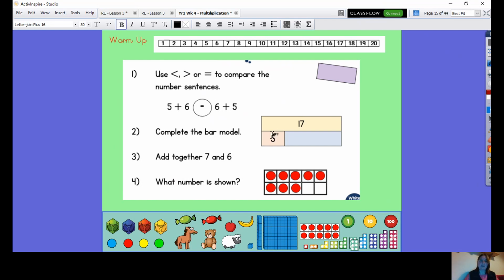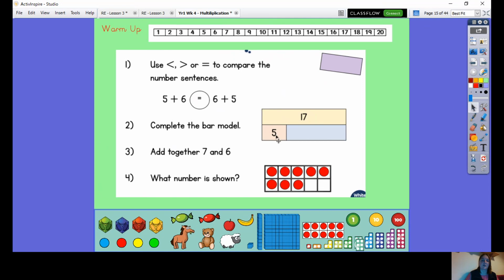That side is the same as that side. So here, what do I add to 5 to make 17? Now there's two ways you could do that. You could either go to 17 and take away 5, or you could go to 5 and count on until you get to 17 and see how many jumps that is. So I think I'm going to do that.